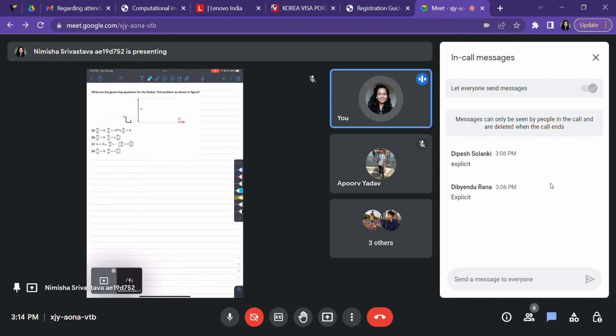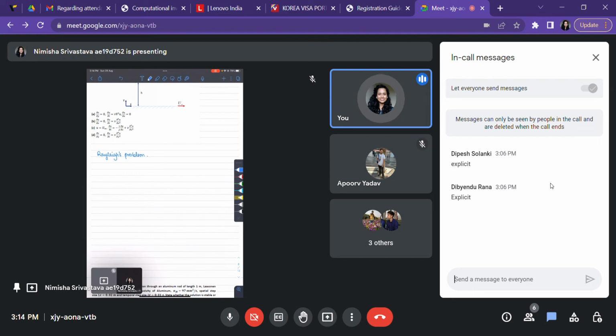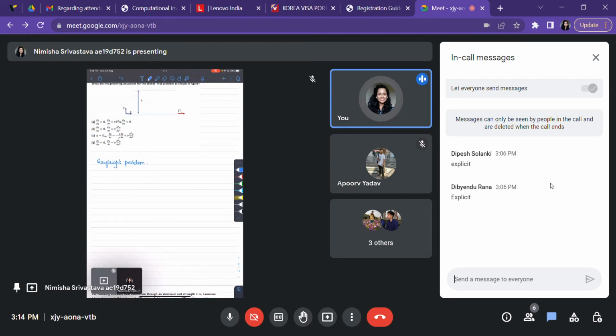Now let's have a look at this first problem. What are the governing equations for the Stokes first problem, also called Rayleigh's problem? To get the governing equation, let's write down the basic governing equation for any flow problem.